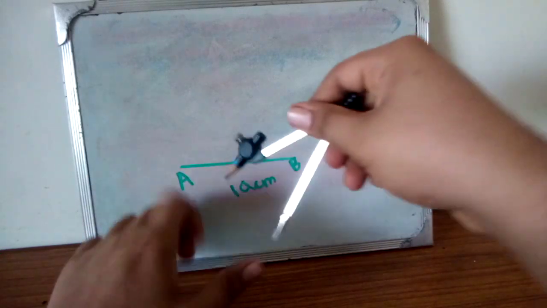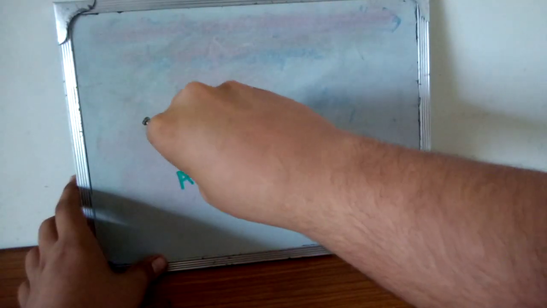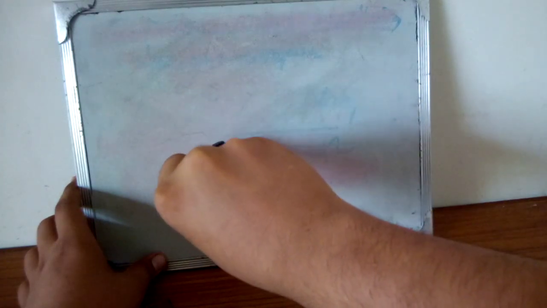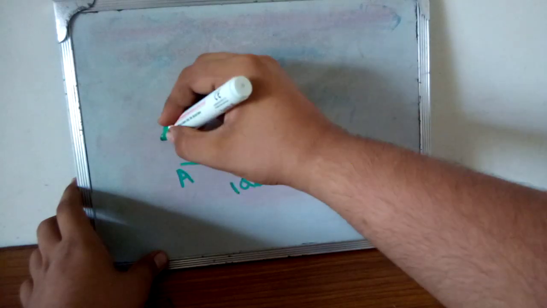Then take a compass of any radius. Keep the compass tip at point A and draw an arc. This is the arc.